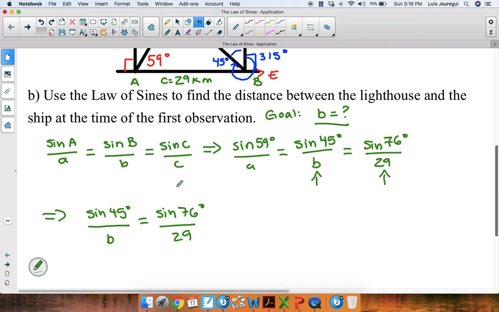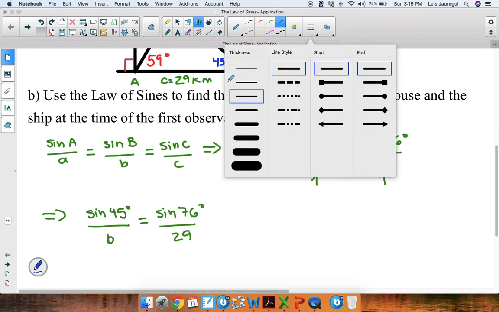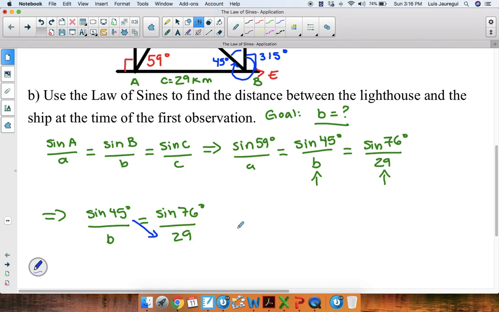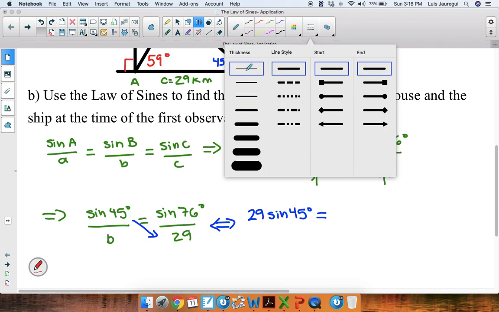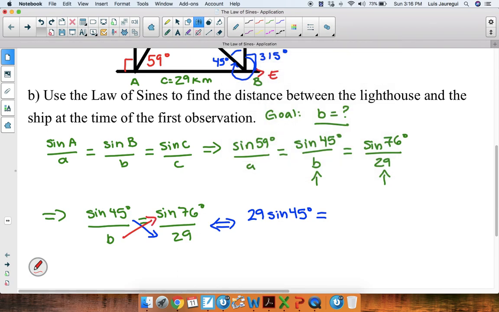Now we can just do cross multiplication. Let me use a different color so I can show you step by step. So here we're going to cross multiply sine of 45 degrees times 29. So this gives us the equivalent statement: 29 sine of 45 degrees is equal to, we cross multiply the other ones, b times sine of 76 degrees.